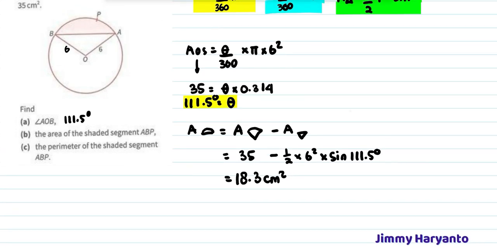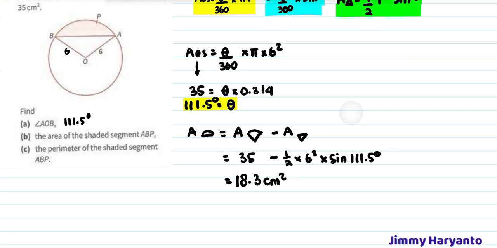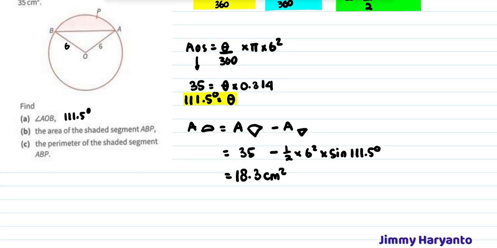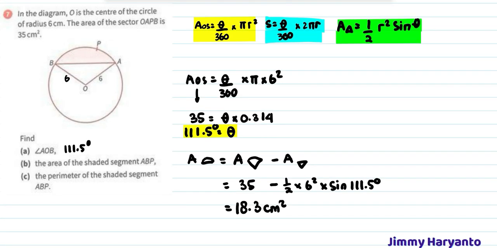Next is the perimeter of the shaded segment APB. For the perimeter, it's a little bit complicated since we have to use sin, cos, tan. So let's use this triangle. We have to find the angle first. For this one, it's 111.5, that means we have to divide it by 2. 111.5 divided by 2 is 55.75.